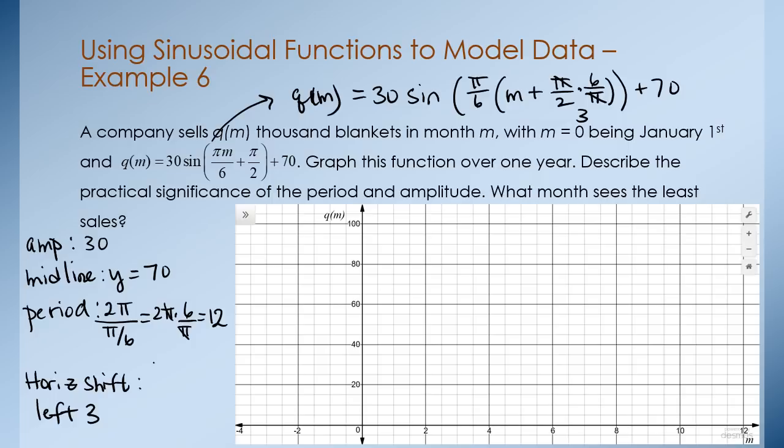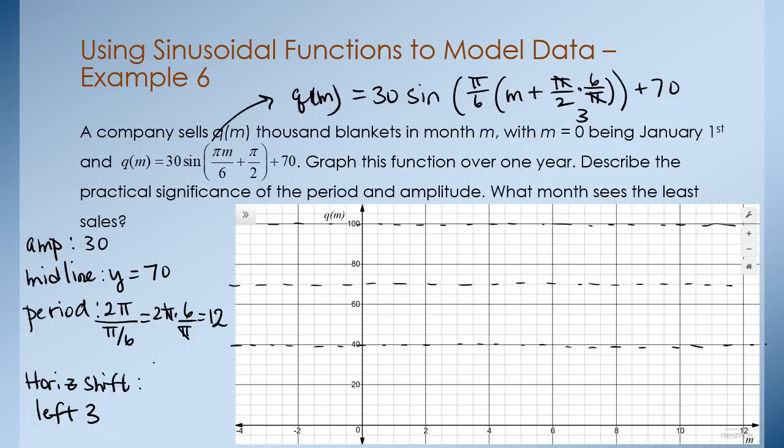period and the amplitude. I'm going to mark in my midline of y equals 70. There it is. My amplitude is 30, so my highest value is going to be 100, and my lowest value is going to be 40.